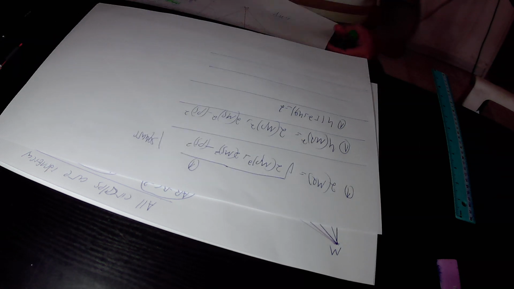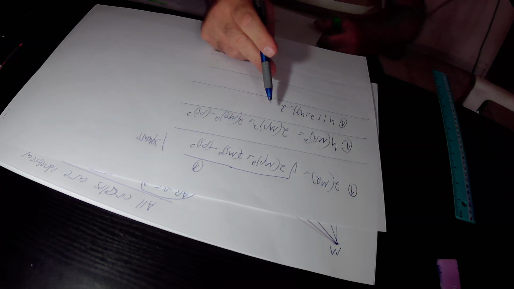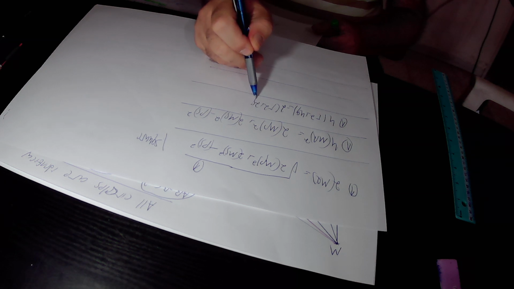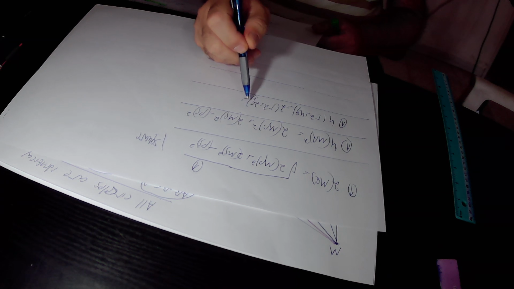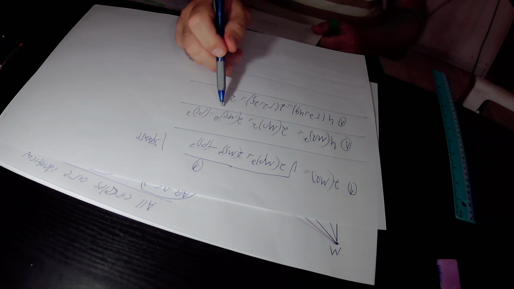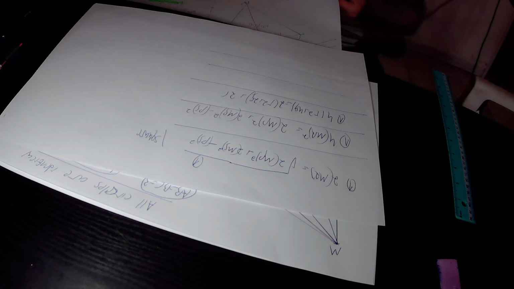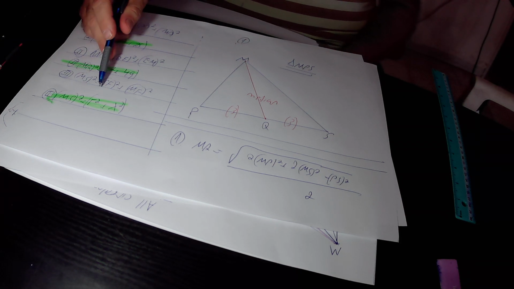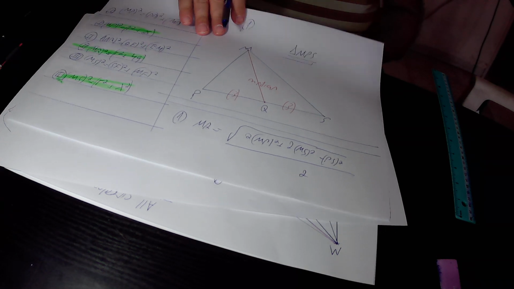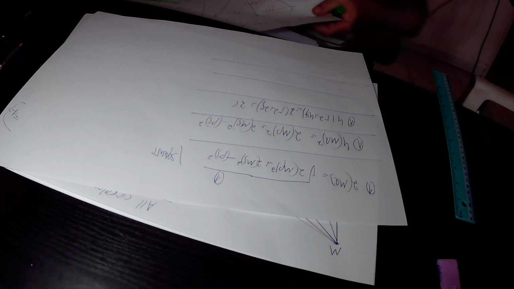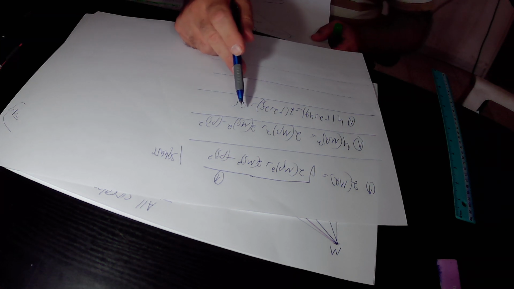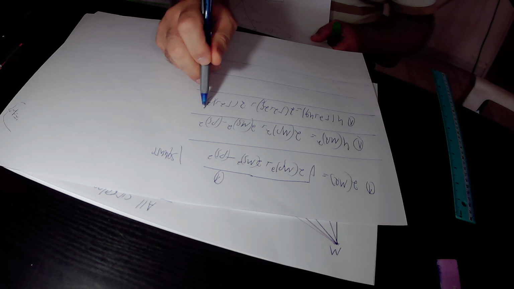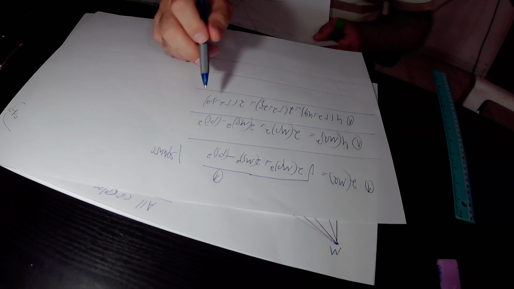Therefore, we substitute MP squared here by r squared plus 25. And we have also here 2 times MS squared. According to equation 3, MS squared equals r squared plus x squared. Therefore, we substitute MS squared here by r squared plus x squared, and we have also here minus PS squared.